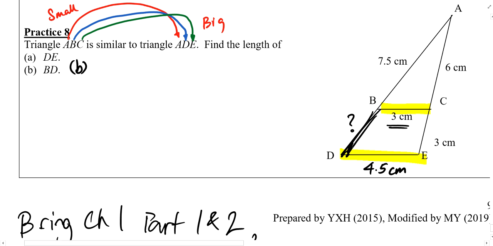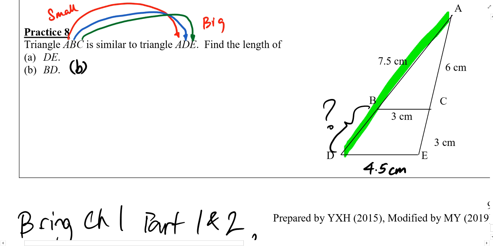Now, what do you think will be useful for me to find the value of BD? AD? If I know what AD is, then how does that help me find BD? If I am able to find out AD, how does that help me find BD? AD minus AB, yes.